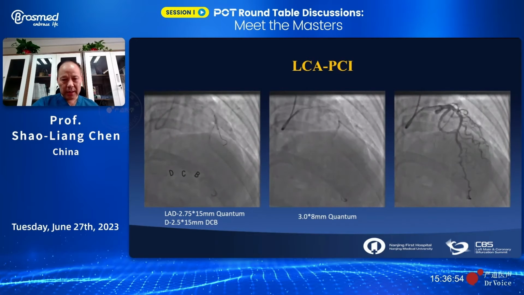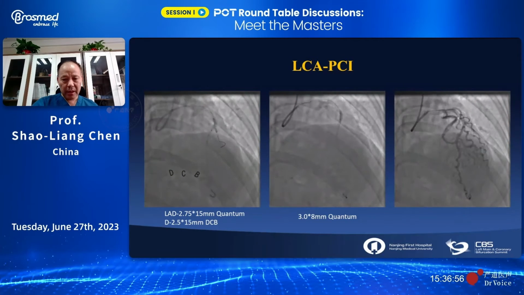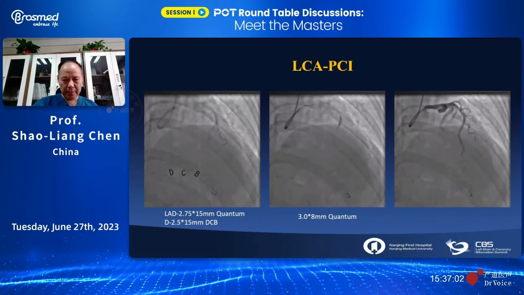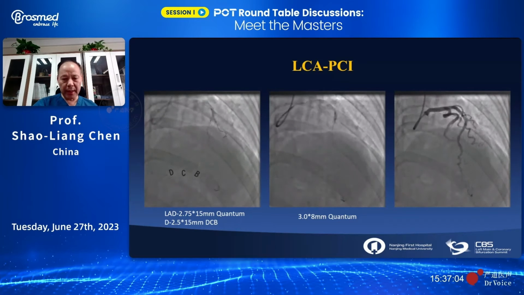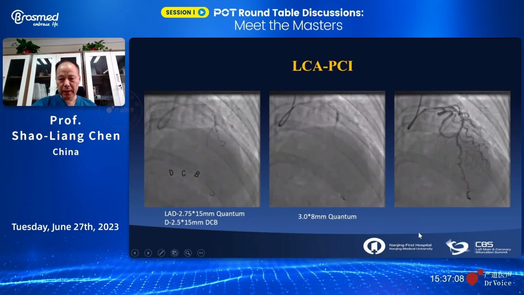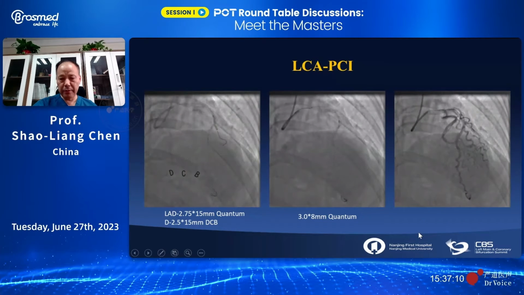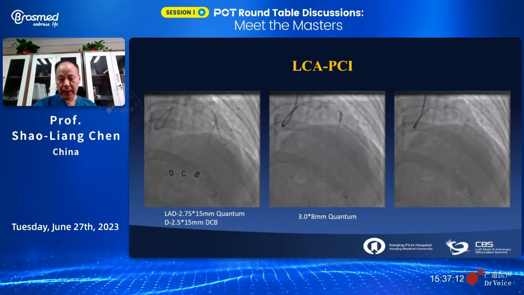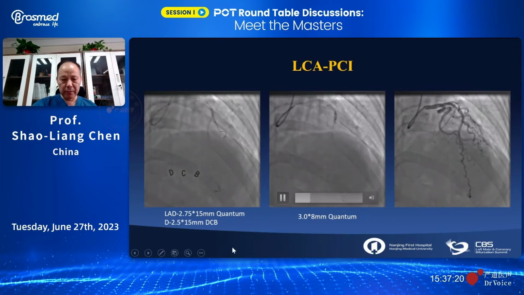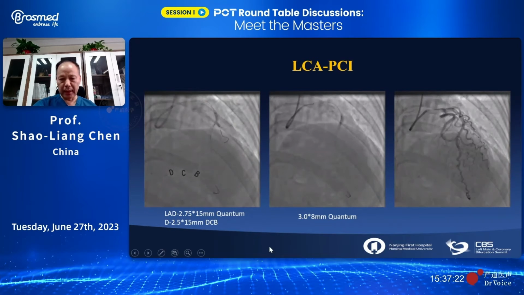After DCB and the kissing balloon for the diagonal and LAD, they did the final POT technique using the previously used 3.0 by 8 millimeter Quantum NC balloon. The angiography showed very good TIMI flow in both the LAD and diagonal. Looking carefully, there was no sign of distal edge dissection, and absolutely no proximal edge dissection.